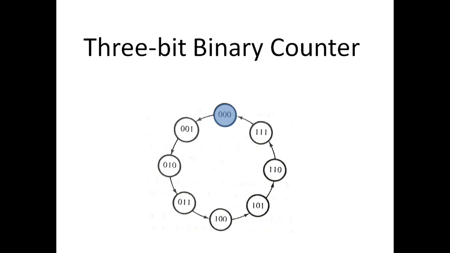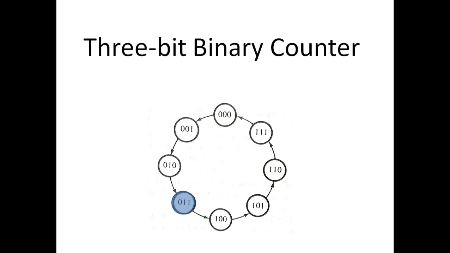The state 0, 0, 0 represents the decimal digit 0, and then the next state is 0, 0, 1, which is the digit 1, and then it counts to digit 2, which is represented in binary as 0, 1, 0. Then from 0, 1, 0, it moves to the next state, which is 0, 1, 1.